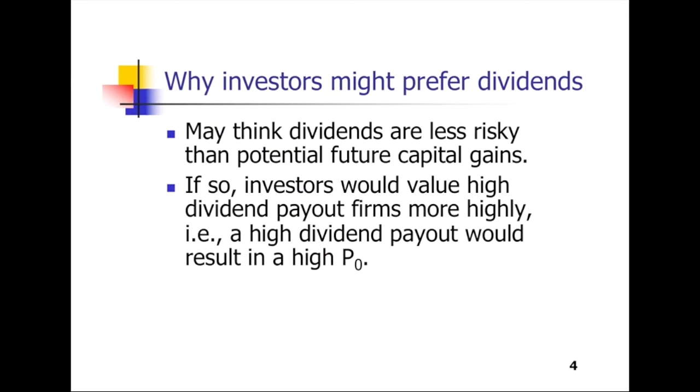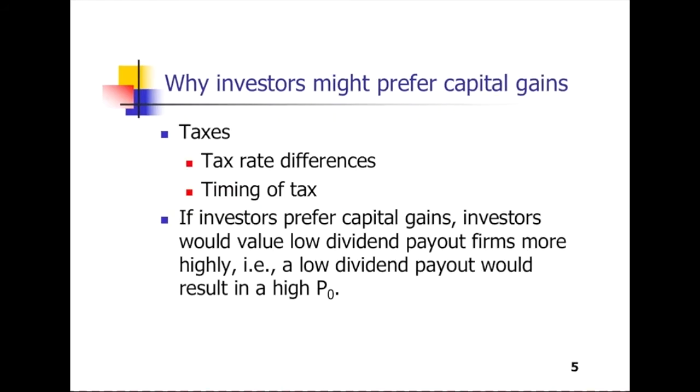The second one is that investors might prefer dividend. So you may think dividends are less risky than potential future capital gains. So if so, investors would value high dividend payout firms more highly. So for example, a high dividend payout would result in a high stock price, right? The next one is that investors might prefer capital gain.